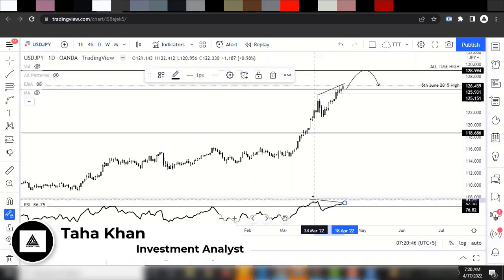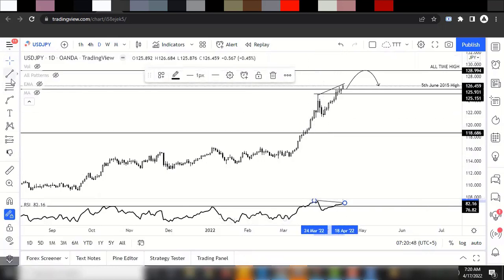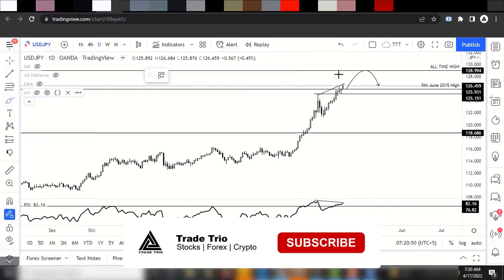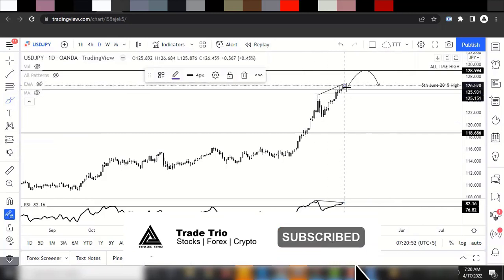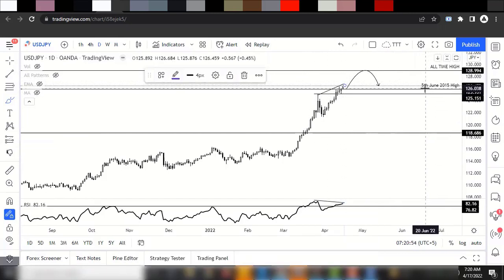Let this pair give some bounce till the 5th June 2015 high, or this level of breakout, which is 125.900, and then you can maintain your stop loss just below it and book your profit on the upside. These are the top 5 Forex setups of the week.